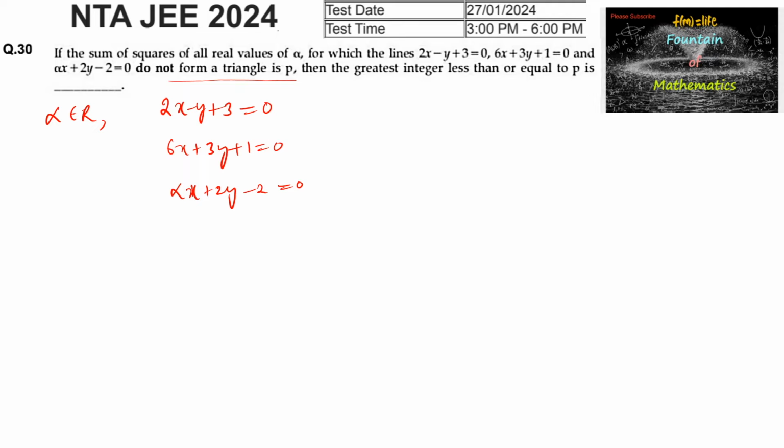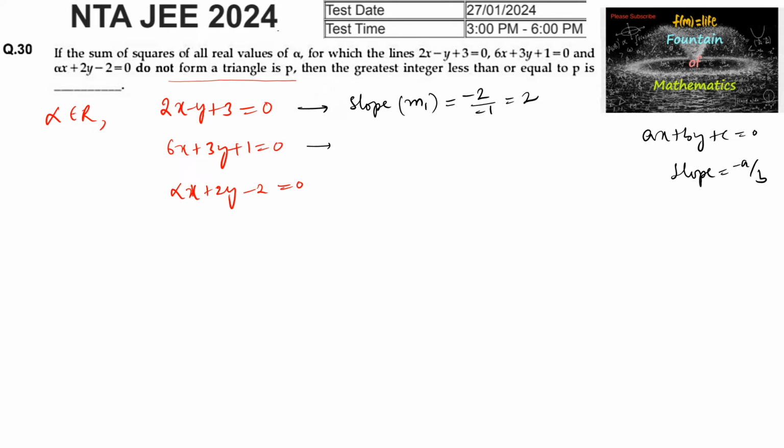So here for the first line equation, let us take slope m1 is equal to minus 2 upon minus 1, which is equal to 2. Since we know that for the line equation ax plus by plus c is equal to 0, slope is minus a by b.